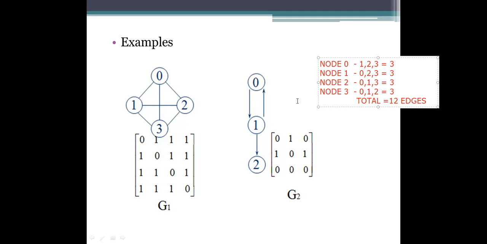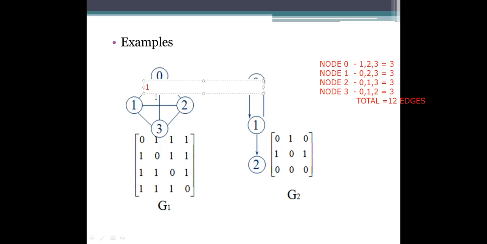See here, how many edges are there in the graph notation? We are having 1, next 2, and then 3, 4, make it 5, and here it is 6. Okay, so in an undirected graph, we are having only 6 edges represented in the graph.